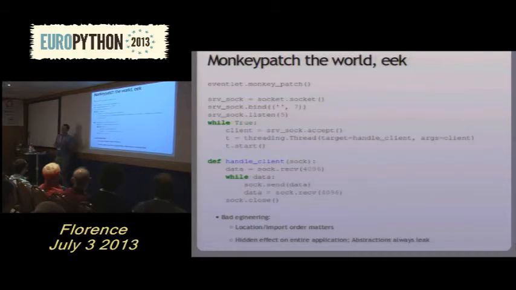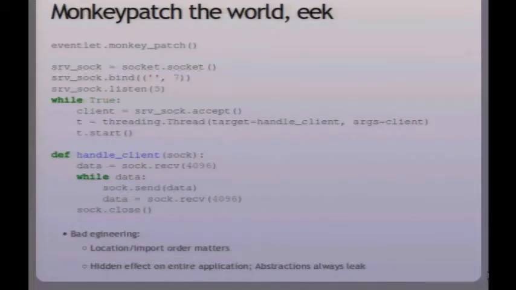Monkey patch basically takes the Eventlet implementation of socket that uses this hub, and puts it in place of the implementation in the standard library. So if you do import socket, you'll actually get the socket implementation of Eventlet, and it will do this for other libraries as well, like threading.